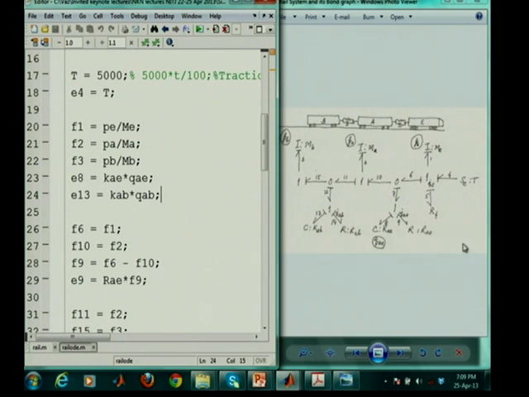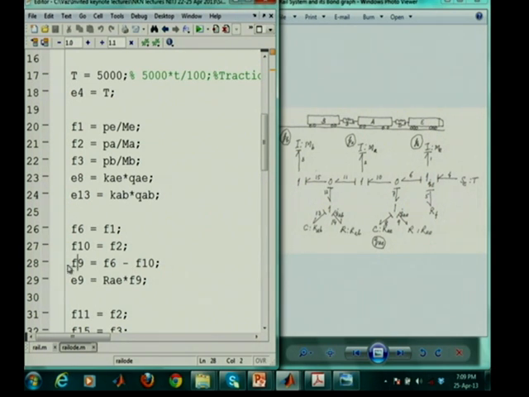Then you ask for these dampers. What does this R element give to the system? Effort 9. Effort 9 is actually equal to RAE into flow 9. What is flow 9? Flow 9 is equal to flow 7. And flow 9 is equal to flow 7, and flow 7 is flow 6 minus flow 10.